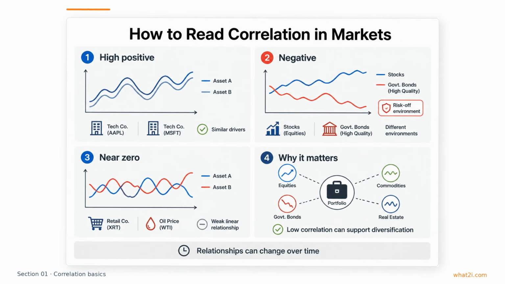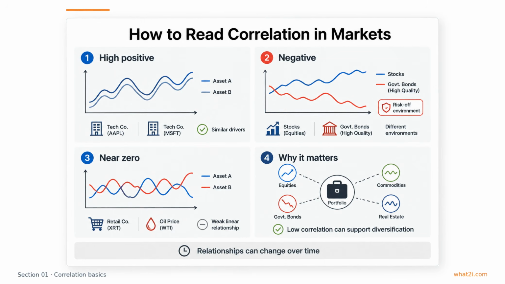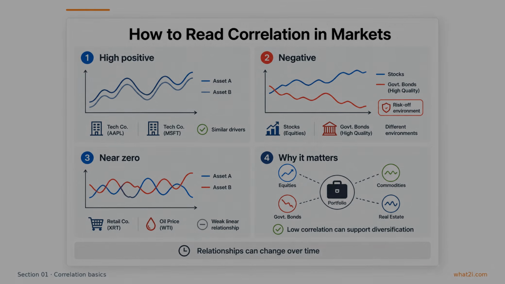Negative correlation usually means they tend to benefit from different environments, which is why some combinations can help diversify risk. A correlation near zero suggests a weak linear link, so one asset's move tells you relatively little about the other's move. For portfolio construction, low correlation is often attractive because it can reduce the chance that everything moves in lockstep. Still, the economic story behind the relationship matters just as much as the number itself.